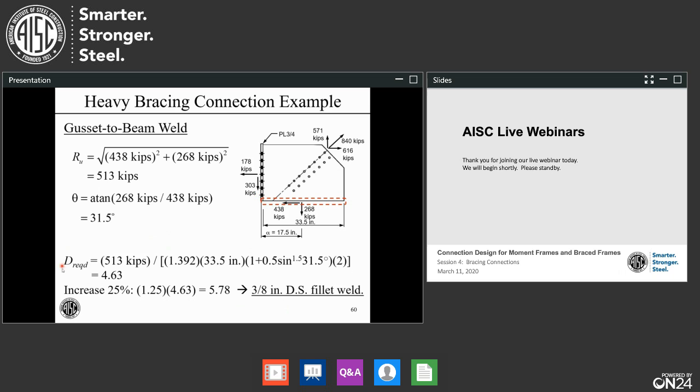From that, we can calculate our number of sixteenths that are required, and it's 4.63 sixteenths. Now, for this particular weld only, we increase it by 25% for the non-uniformity of the forces. So increase that, 5.78. So we're going to use a 3/8 inch double-sided fillet weld all along that interface there.